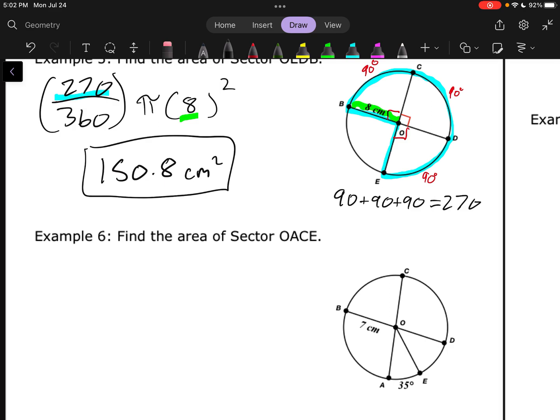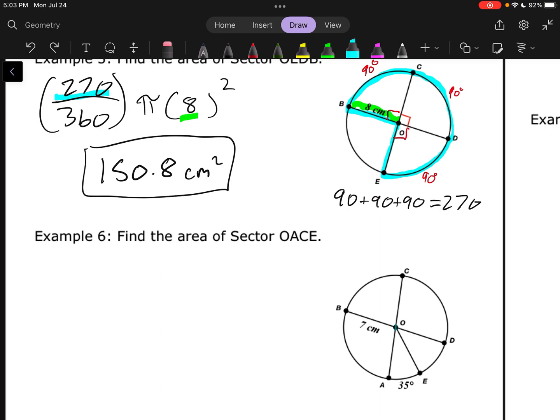Next one says sector OACE. So let's follow those letters, see where it takes us. O to A, to C to E. Now if I go to the right, I would go E to C. So to go from C to E, I got to go this way, this way takes me to C and then to E. Now just as a quick rewind, because I know sometimes following the letters can be a little bit tricky.